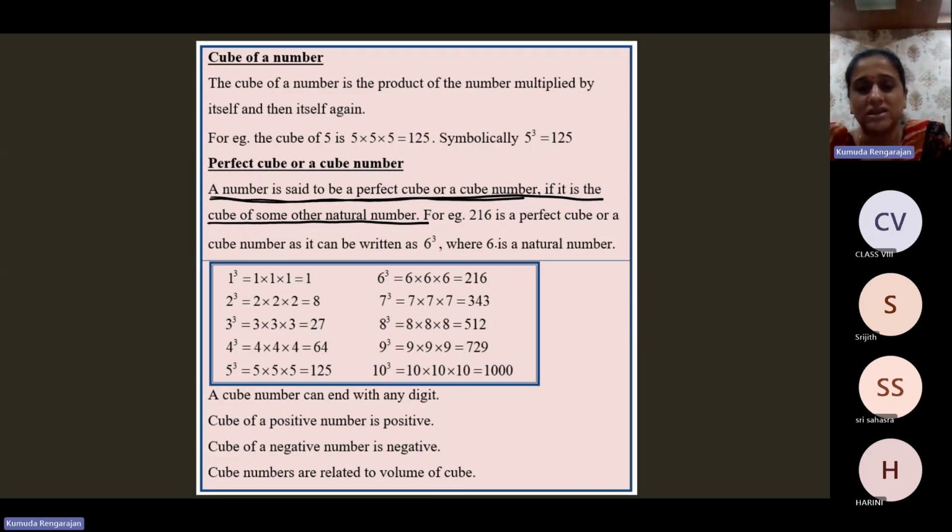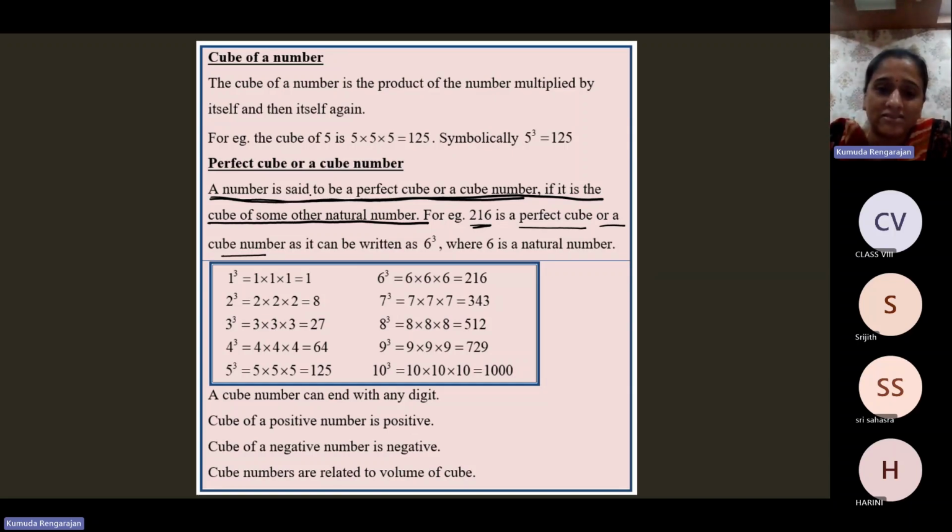So we'll understand the definition with an example. For example, 216 is a perfect cube or a cube number because it can be written as 6 raised to the power 3. Why do we call 216 a perfect cube or a cube number?